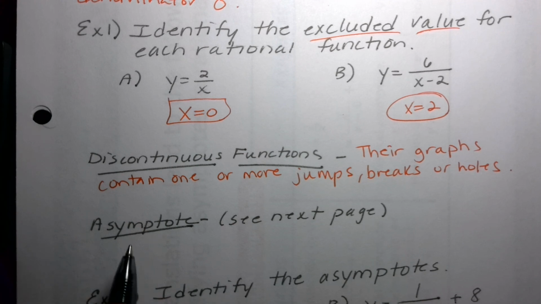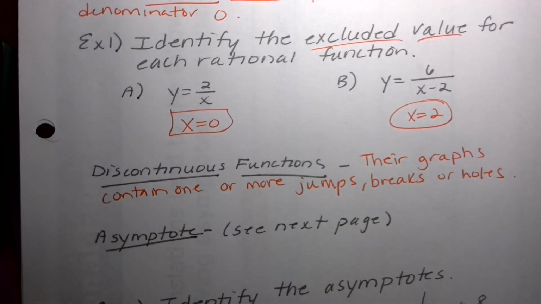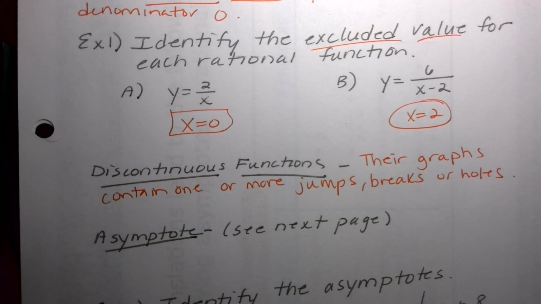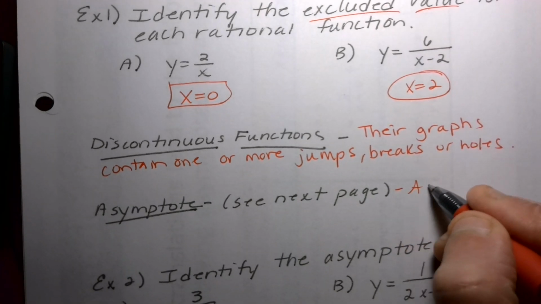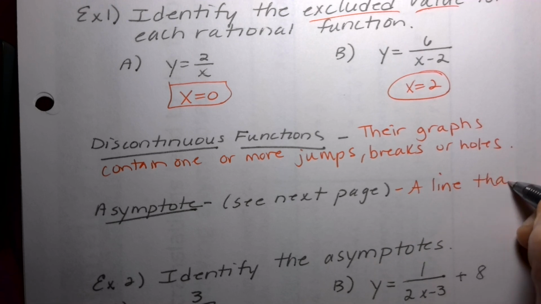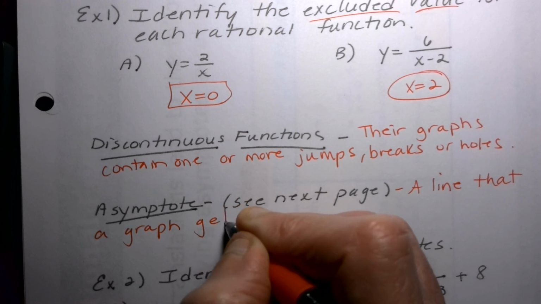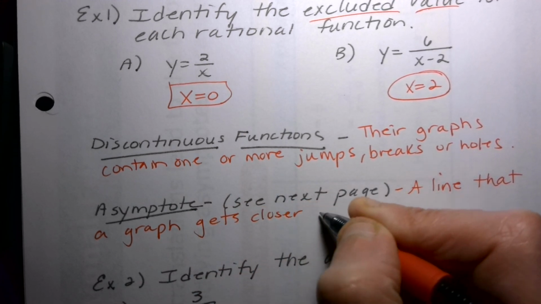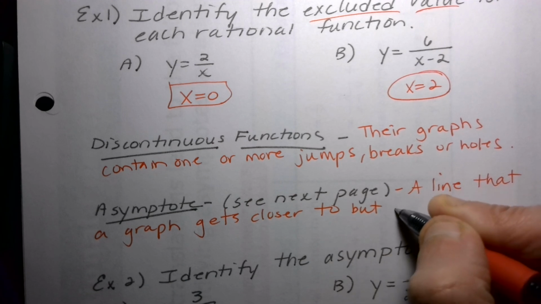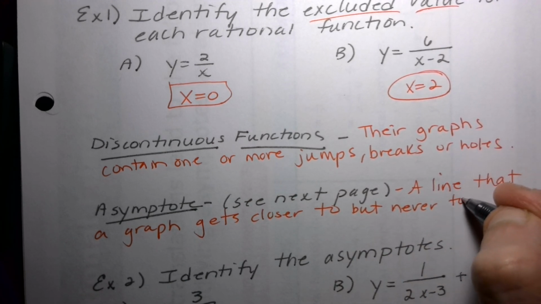All right, and then we're going to talk about, this is the way you pronounce this, asymptote. We're going to talk about the asymptote in detail on the next cool page, which hopefully you got colored because it's even cooler colored. But let's get the definition. It's a line. Hear that? It's a line that a graph gets closer to, but never touches. So it just gets closer and closer and closer, but never touches it.